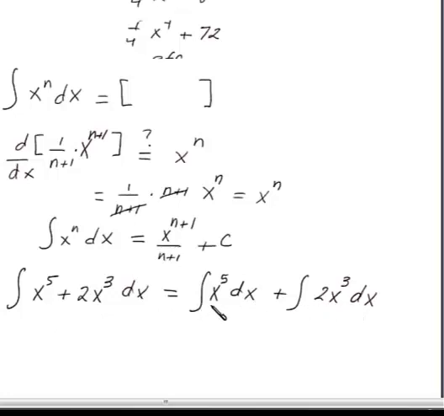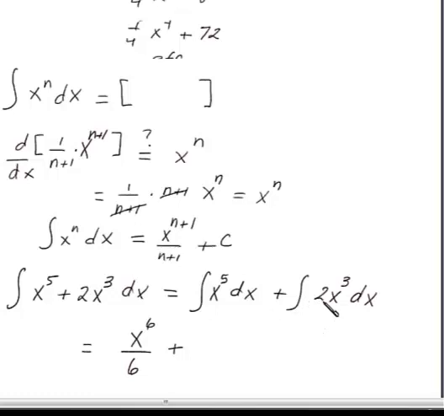So this would look like the antiderivative of the first member of this sum plus the antiderivative of the second member, 2x cubed dx. And now let's use what we learned above to take the antiderivative of x to the 5th. It's x to the, increase the power by 1, to the 6th, divide by the new exponent, 6. Good. Plus, now we've got to take an antiderivative here.